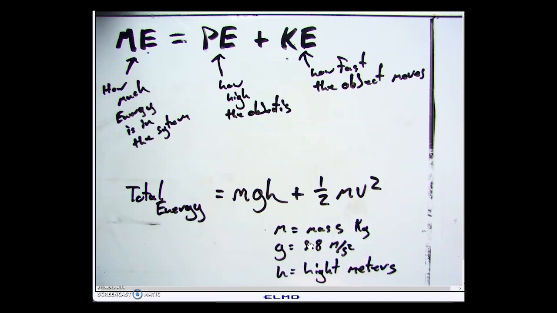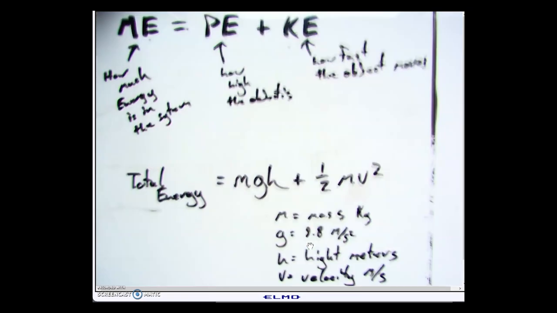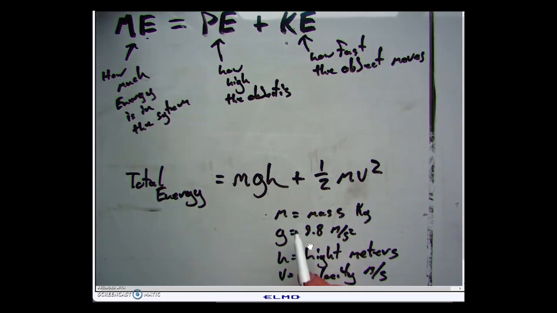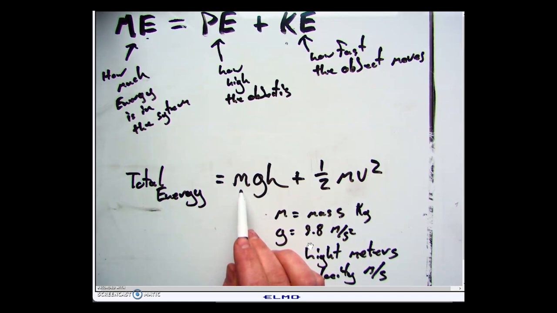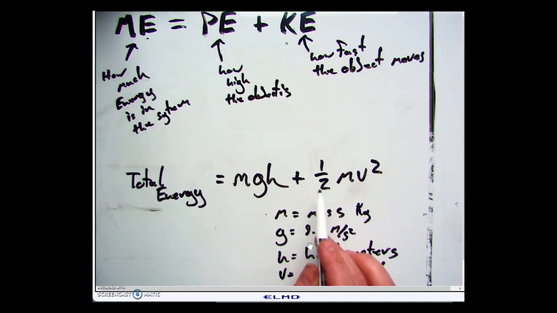And then finally V is equal to velocity in meters per second, okay? And so that's kind of the key that we have here, is that the total energy of the system is going to be equal to the mass times the acceleration of gravity times the height, okay, so that's our potential energy, plus, if the object is moving, okay, 1/2 the mass of the object times the velocity of the object squared.